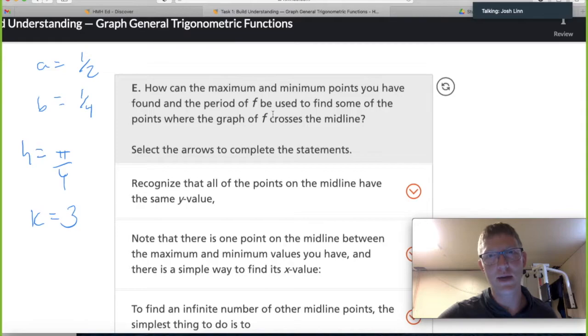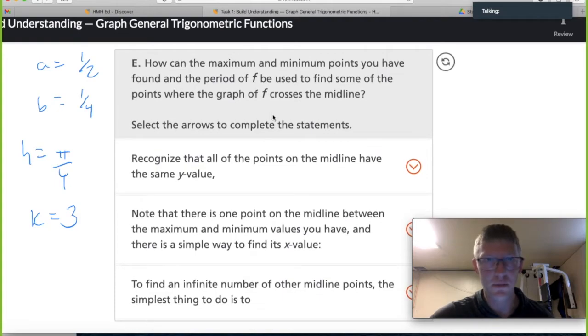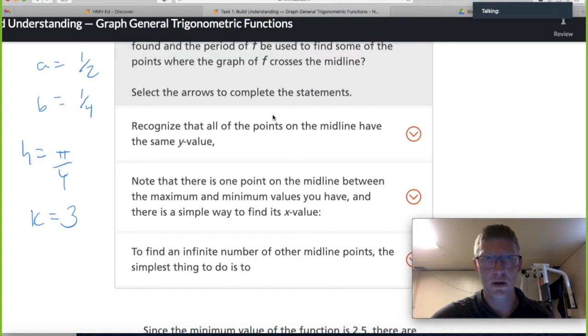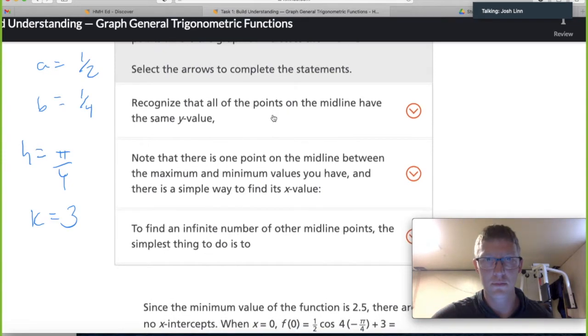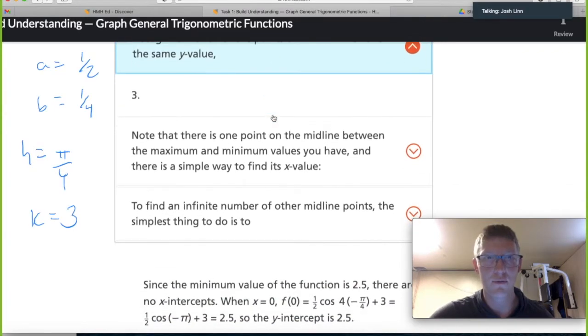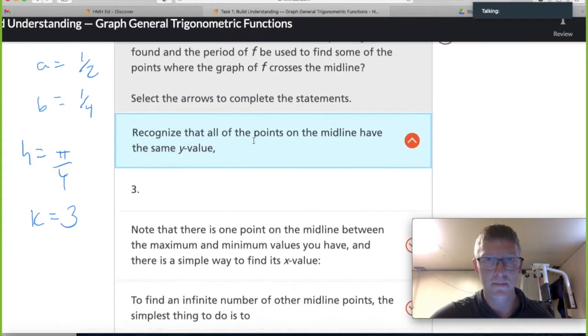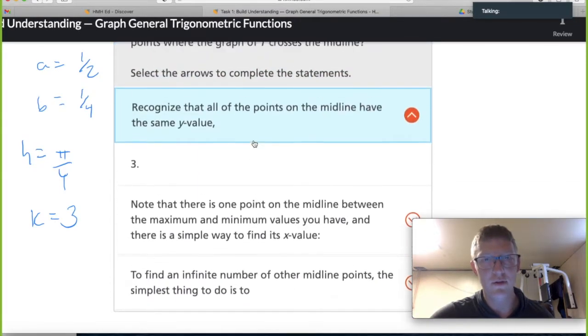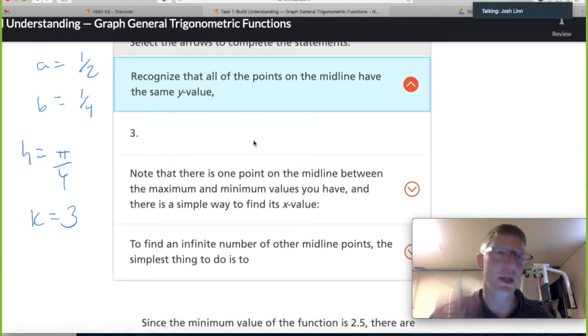How can the maximum and minimum points you have found and the period of f be used to find some of the points where the graph of f crosses the midline? Recognize that all the points on the midline have the same y value of 3. That's true. These are the steps that you should be thinking about.